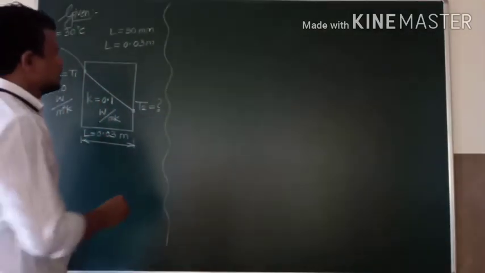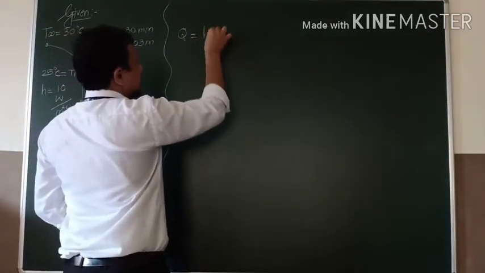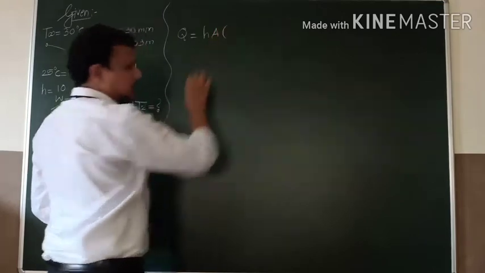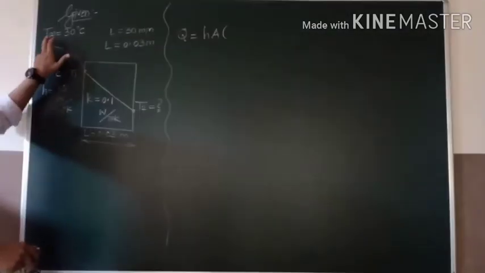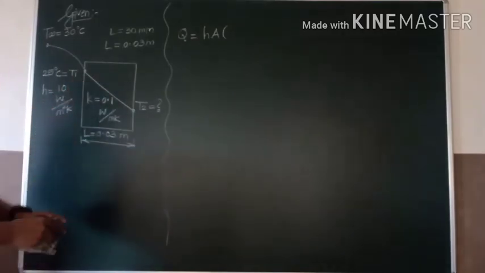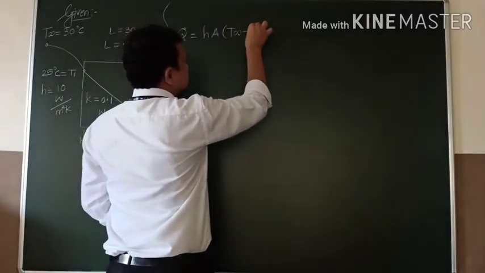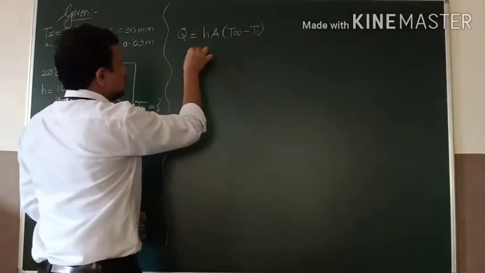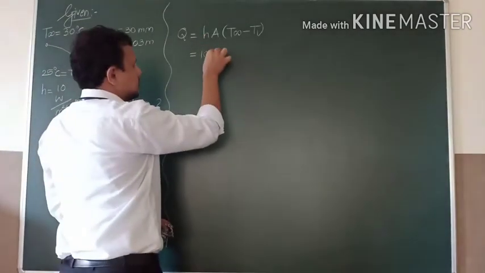How exactly to solve this? We know that heat transfer is given as hA delta T. In this case, the temperature of the surrounding fluid is higher and the temperature of the outer surface of the wall is lower, so delta T will be T infinity minus T1. When we substitute, we already know h is equal to 10.